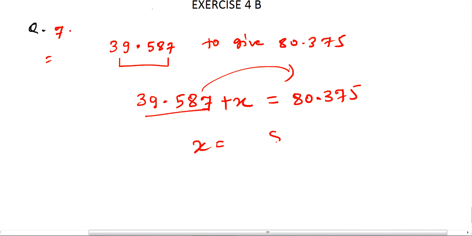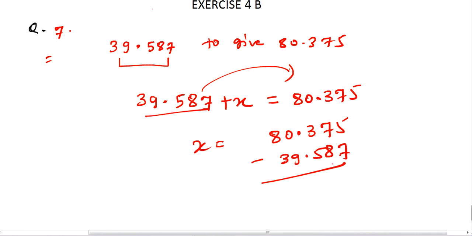So x equals to 80.375 minus 39.587. Clear? So solve this and you will get answer. It's very easy, nothing is complex here. So 40.788 you will get.